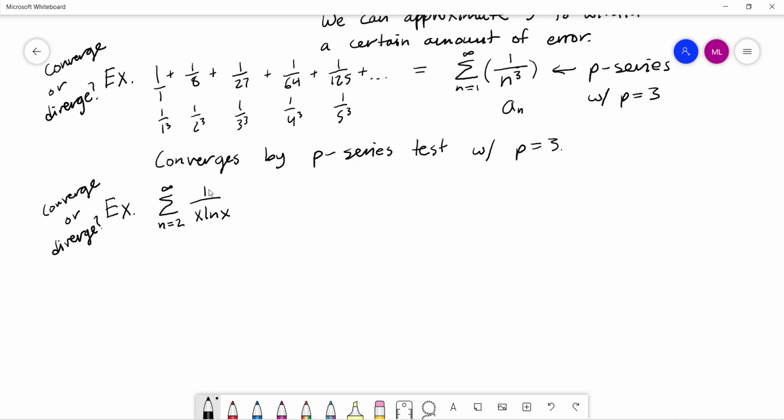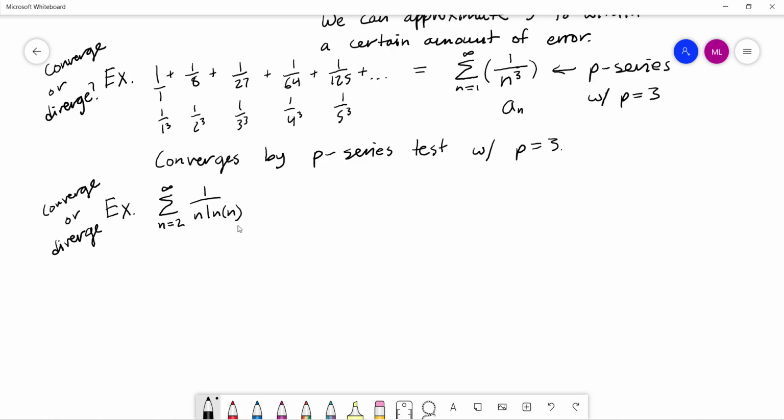Well, I did x ln x, and I meant to write, oops, let me erase it this way, n natural log of n. That's how this should have been written, right? There was no x in this problem. Same idea though. I want to know if this diverges or converges.